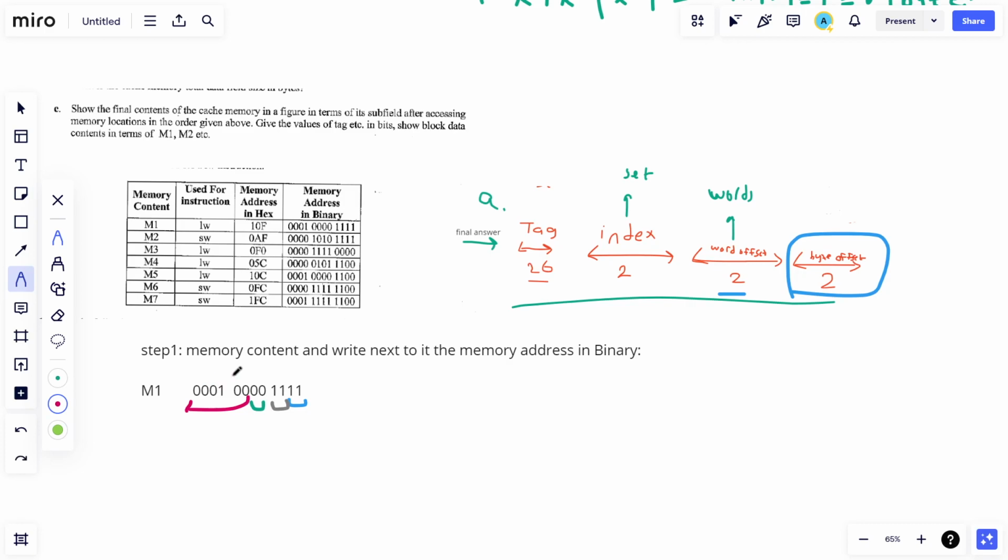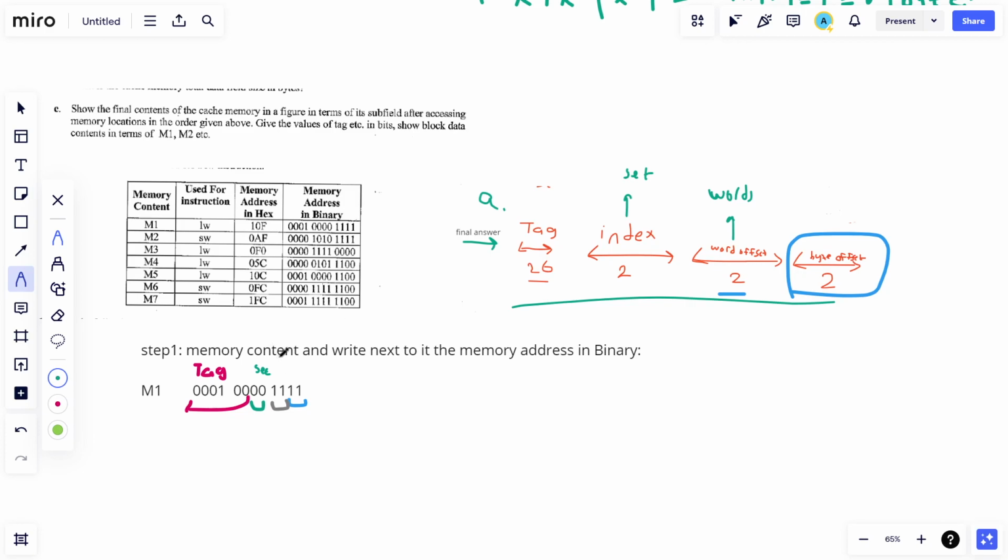Let me write it in a bit. And basically, you're just going to do the same with every memory content, M2, M3, M4, M5, M6, M7, and write the corresponding memory address in binary, and then say what is set and what is tag.